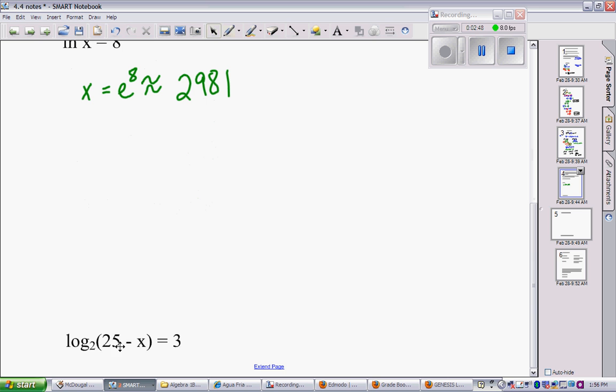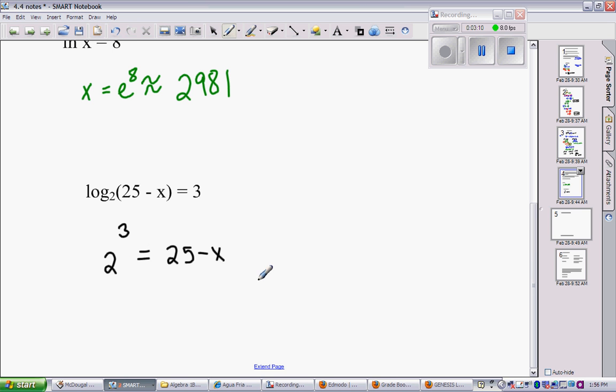Our next problem, log base 2 of 25 minus x equals 3. Okay, so we're going to change this to exponential form. 2 to the third equals 25 minus x.